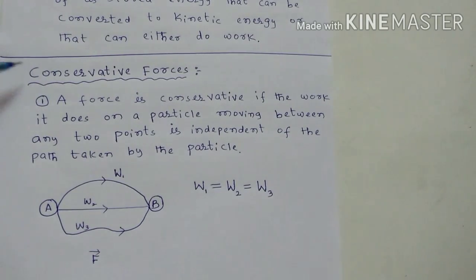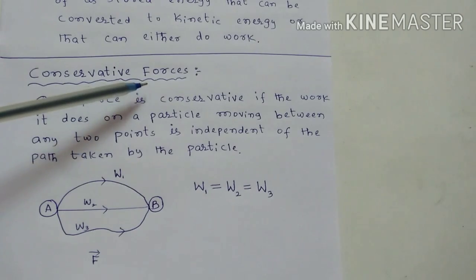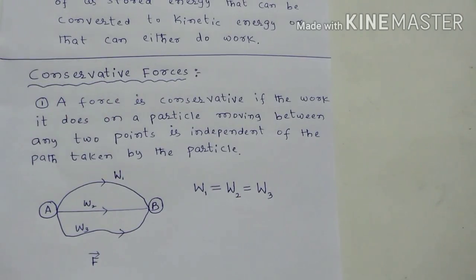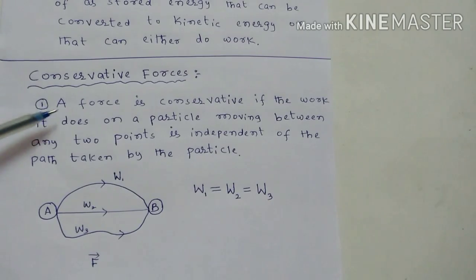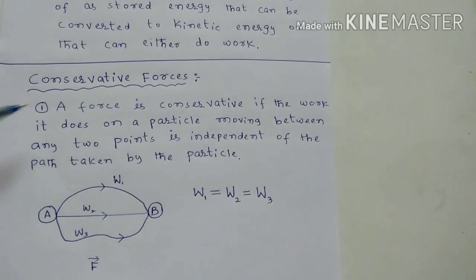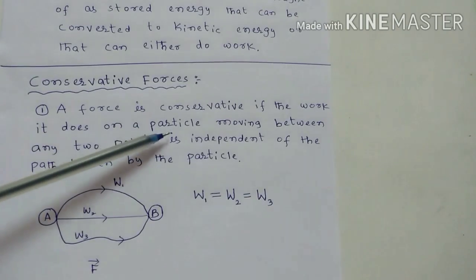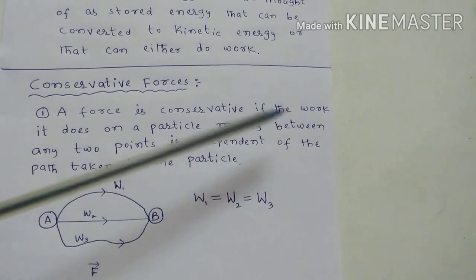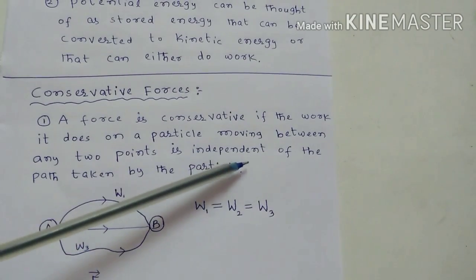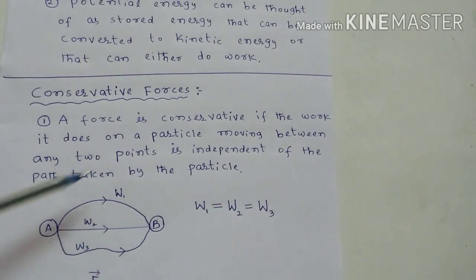See here, I will give some important points about conservative forces. First one: a force is conservative if the work it does on a particle moving between any 2 points is independent of the path taken by the particle.